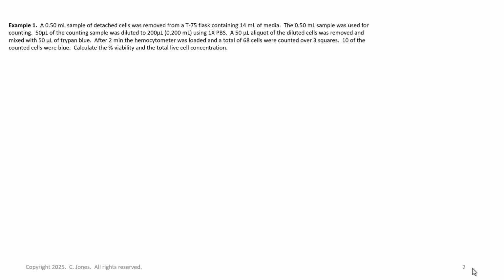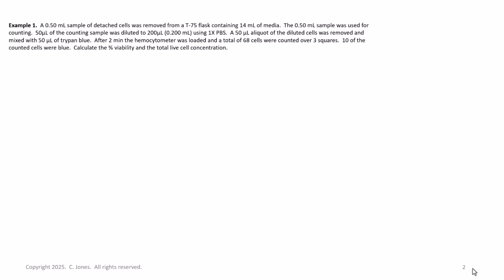A 50 microliter aliquot of the diluted cells, that is the cells that were diluted with PBS, was removed and mixed with 50 microliters of trypan blue. After 2 minutes, the hemocytometer was loaded and a total of 68 cells were counted over 3 squares.